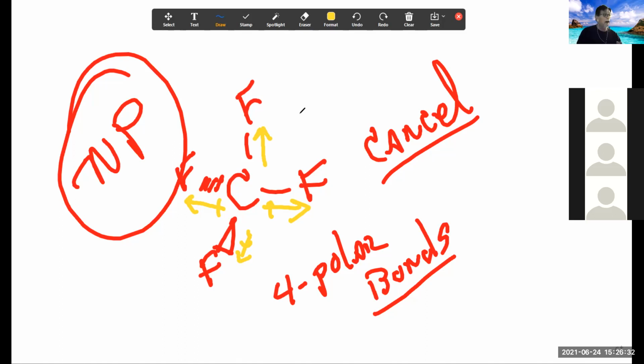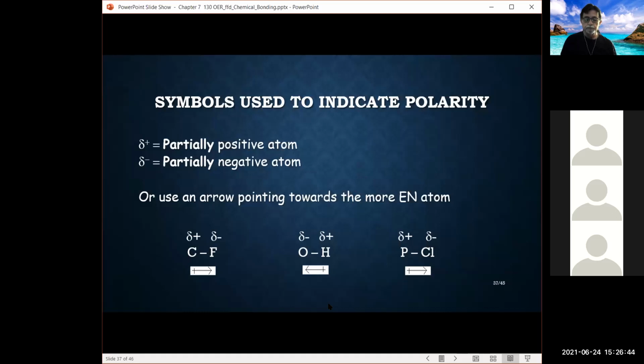I tell you what, I need to get going here. Barbara, did that help you out with your question? A little bit. Okay. Well, send me an email and I'll send you some more. You're wanting to know more examples of what? Polar bonds and non-polar?